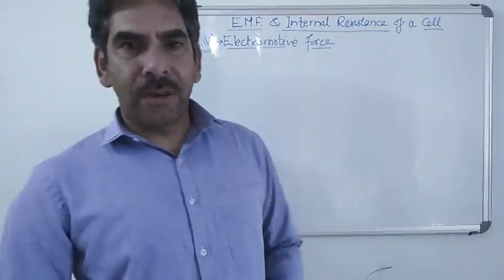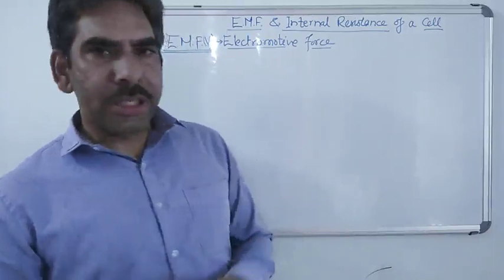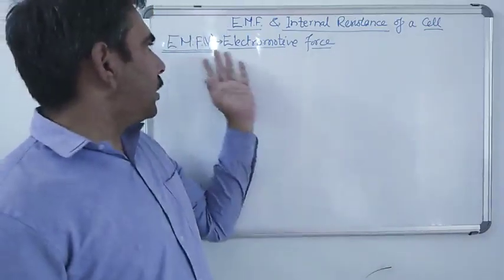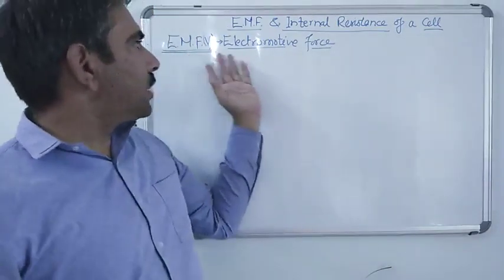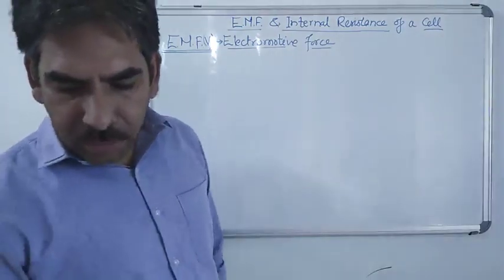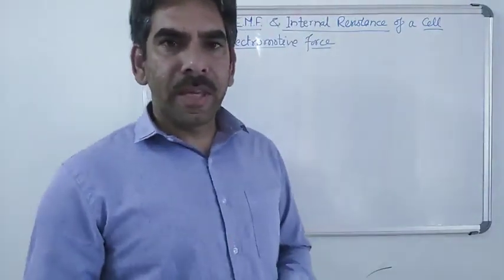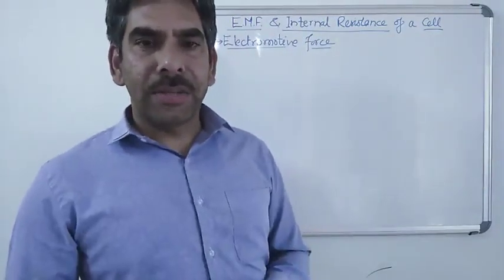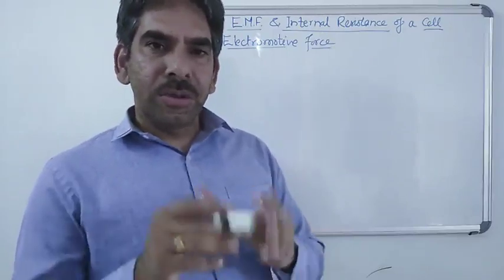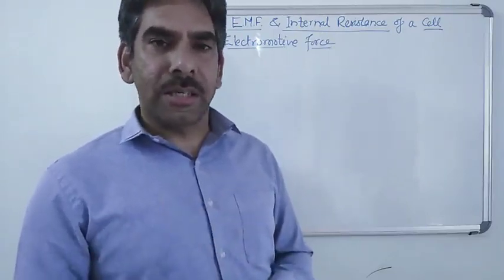So what is EMF of a cell? Let me just write its name. EMF is the abbreviation which means electromotive force, right? So EMF of a cell is the maximum value of the potential of the cell, which is possible only when the cell is not being used in the circuit.